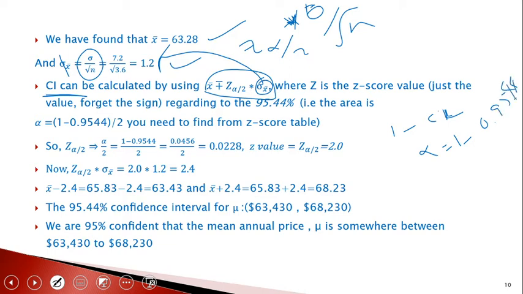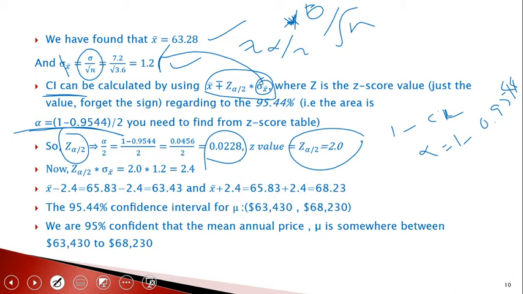Here you can calculate the alpha. Then alpha divided by 2 is going to be 0.0228. According to this value you can calculate the c value. It is 2.